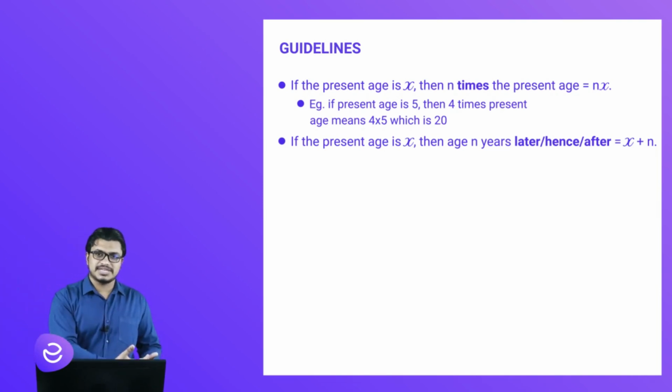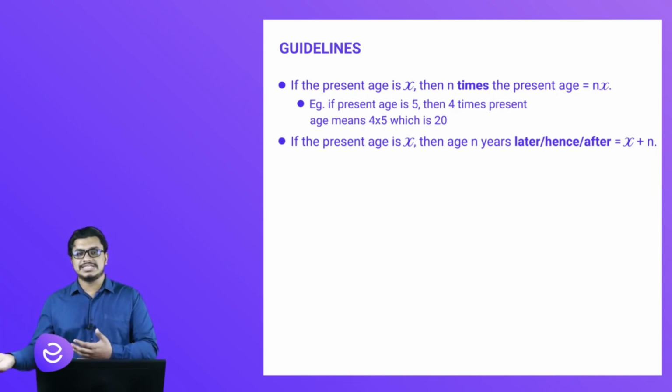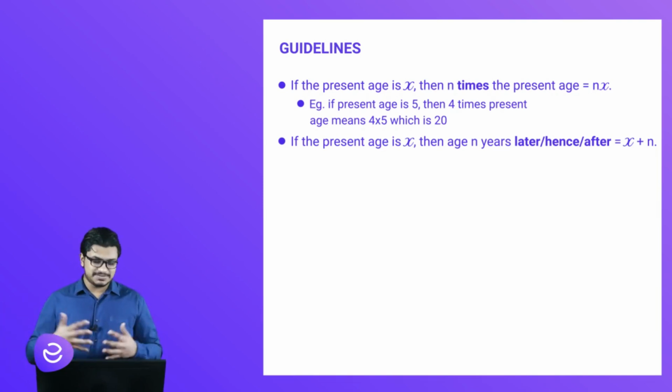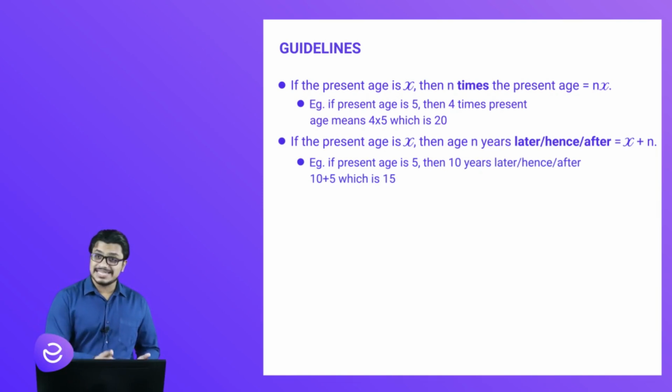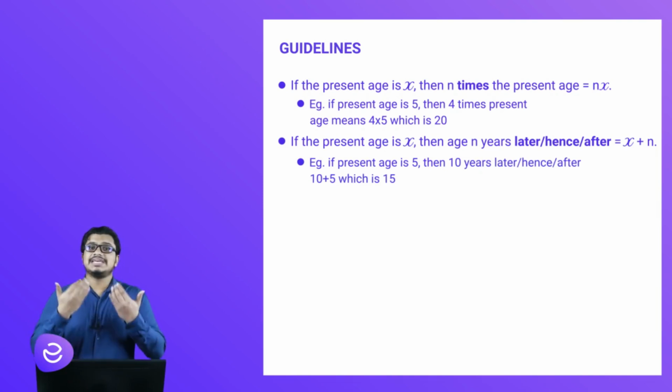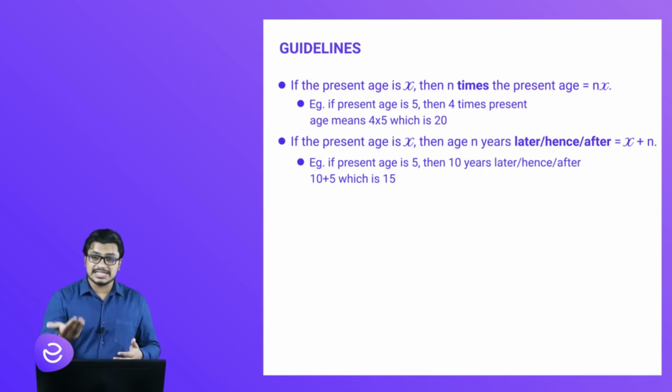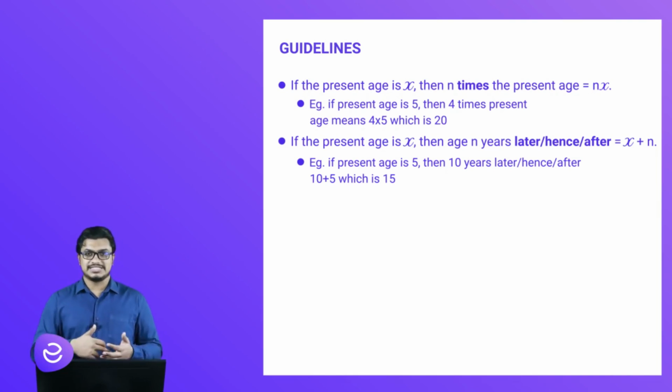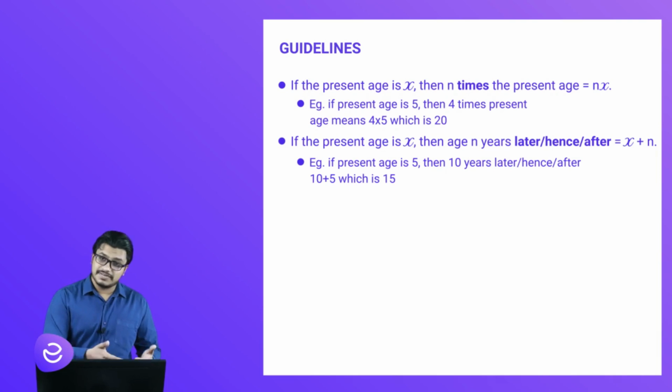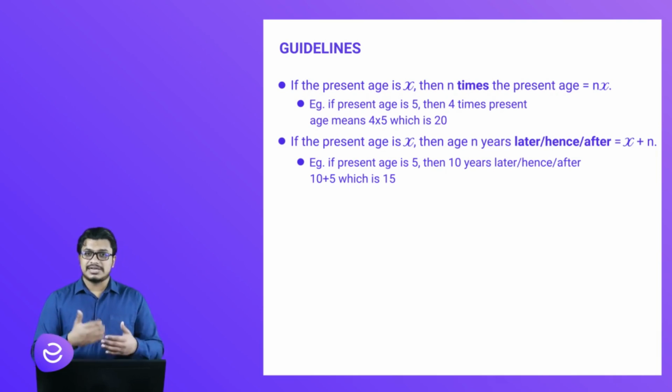If x is the present age and the question says 2 years later, it means x plus 2. For example, if the present age is 5, then after 10 years, 10 years hence, 10 years later, all mean 10 plus 5, which is 15. If the present age is x, 10 years later means x plus 10.